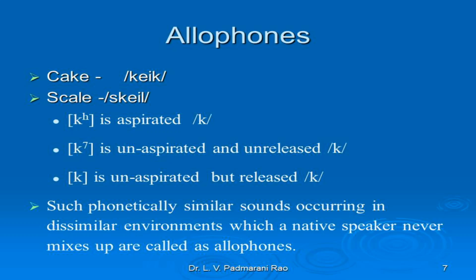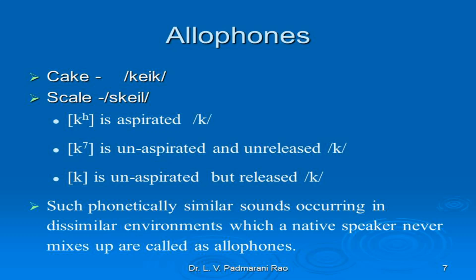All these become unacceptable pronunciations because they have fixed positions and in place of one, the other cannot come. But if a non-native speaker pronounces cake with an unaspirated but released k, still the word remains the same and the meaning will not change.